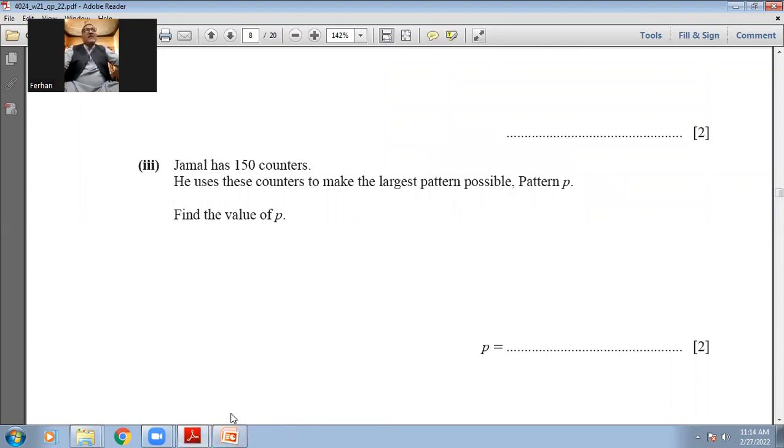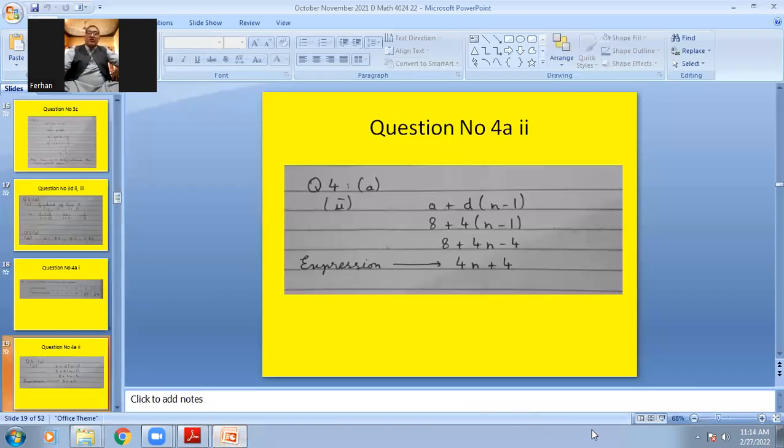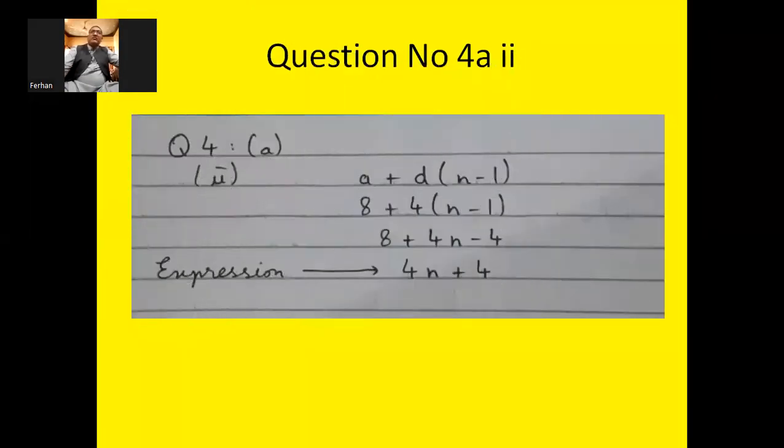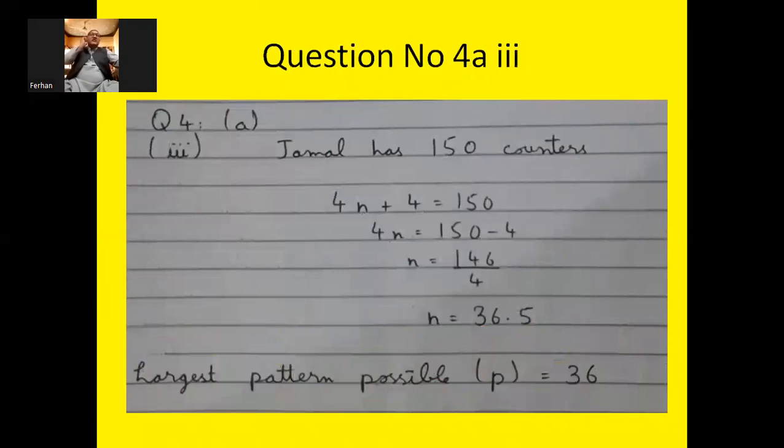From that inequality, 4n plus 4 equals 150, so 4n equals 150 minus 4. So n will be 146 divided by 4, which is 36.5. So the largest pattern which can be made is P, and that is 36.